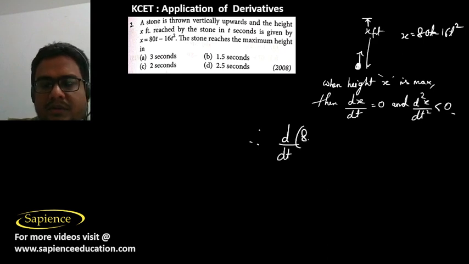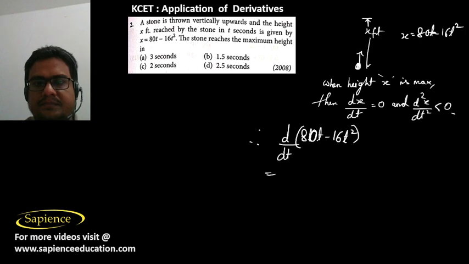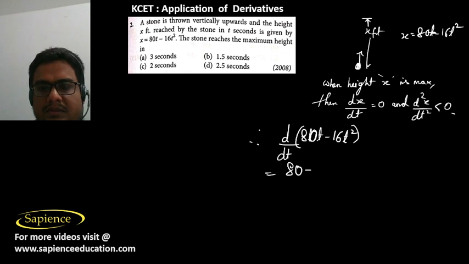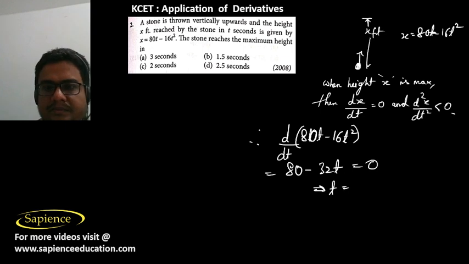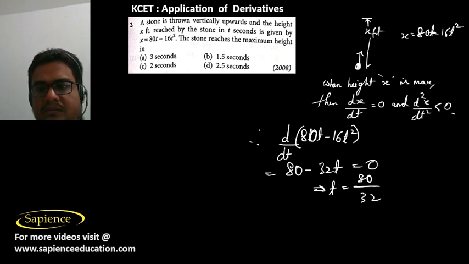So dx by dt is d by dt of 80t minus 16t square, that equals 80 minus 32t. That should be equal to 0, so t should be equal to 80 by 32, which is 2.5.